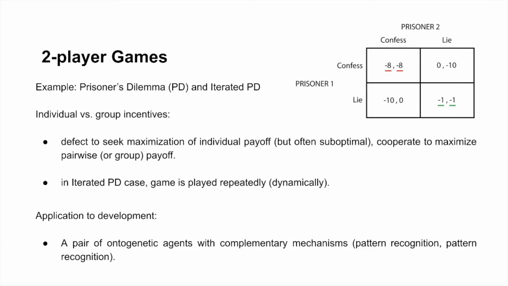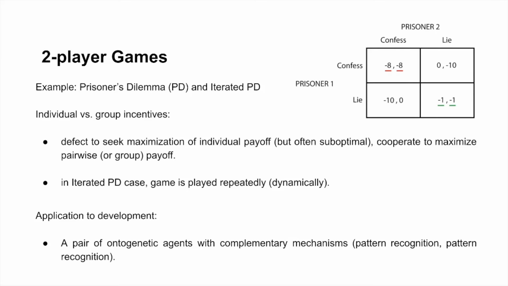So in a case where you have two ontogenetic agents, they can either cooperate or they can defect or not cooperate. And so when you defect, it's to seek maximization of an individual payoff, which is often suboptimal, but it just maximizes the individual payoff for whatever reason.